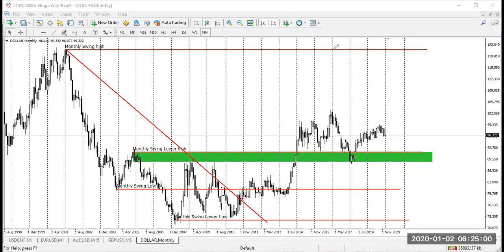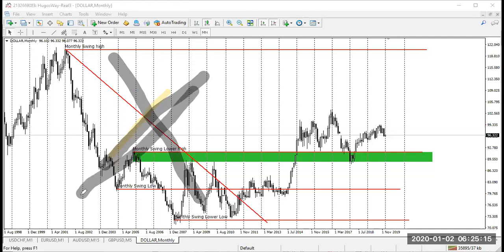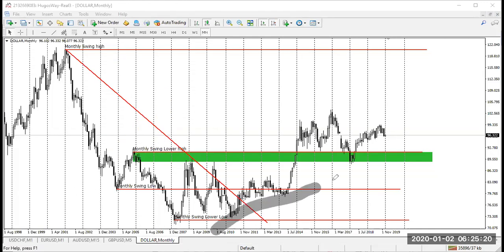You can't really see that. Let me make that look bigger. This trend here has been broken. Okay, so now we are headed in this direction.